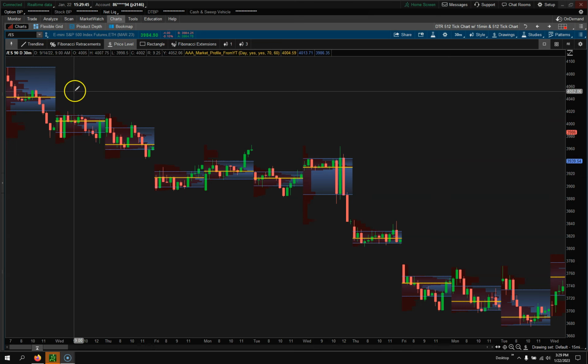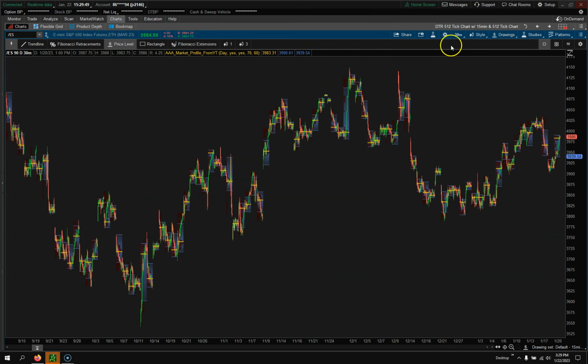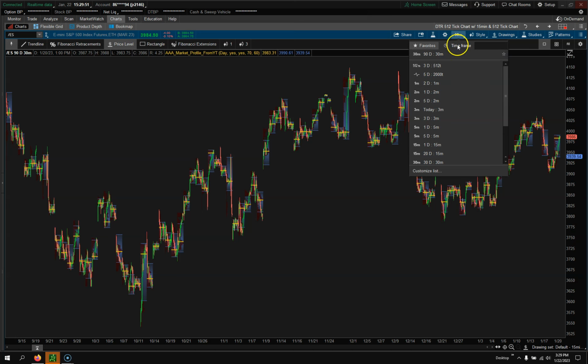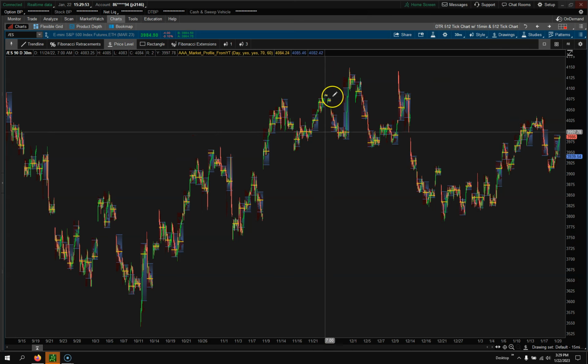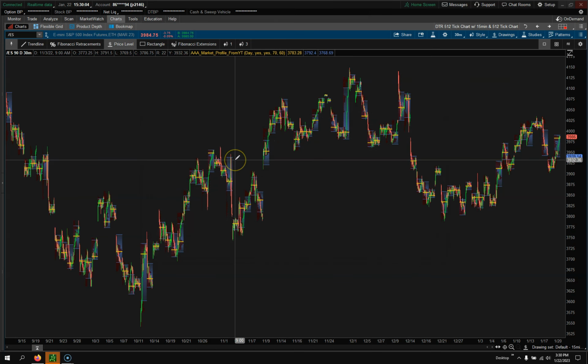Okay, so what I'm going to do is go all the way back, zooming all the way out. This is a 90-day, 30-minute chart, market profile, nothing else. If you go into edit studies, it's just a regular market profile. I have the value area high and low at 70%, and then the point of control.